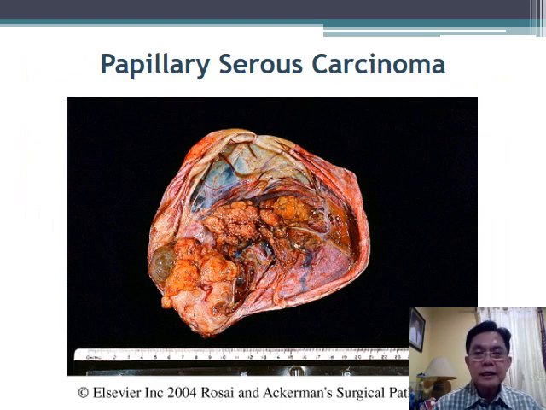So this is an example, a gross picture of a papillary serous adenocarcinoma. Typically, serous carcinomas occur in older women, women more than 40 years of age.